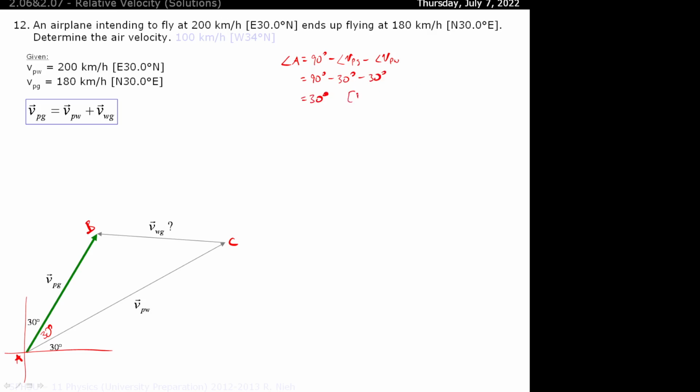Again, show this for that one mark. Okay, how did you get to that? With that, let me just highlight what we know. We know that angle here, we know VPW, and we know VPG.